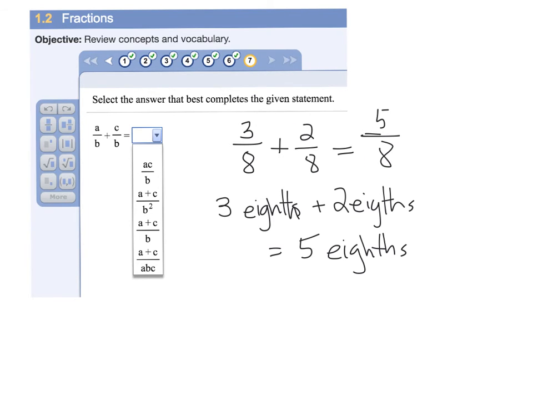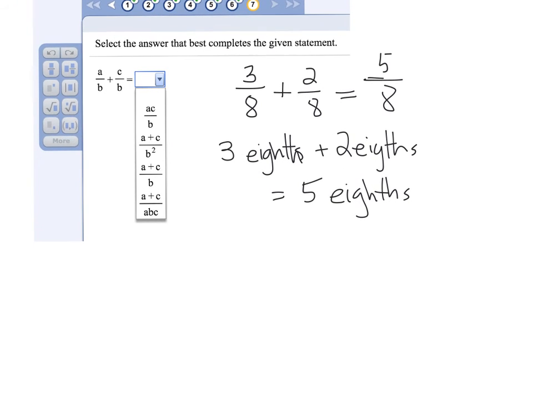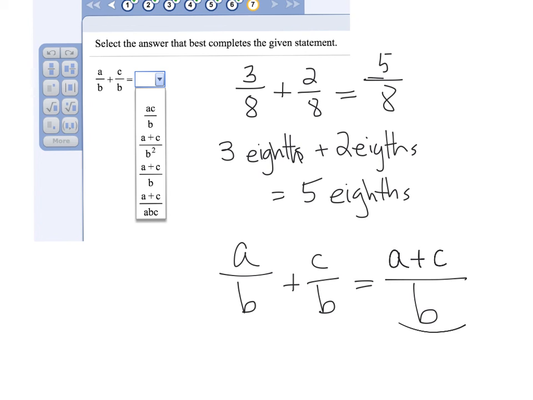So when you have, in algebra, a over b plus c over b, there's our common denominator, so the b stays the same, just like the 8s stayed the same. And then a plus c, you can't combine them in any way, so you just write a plus c over b. And in this case, it's that one right there. And that wraps up this video.